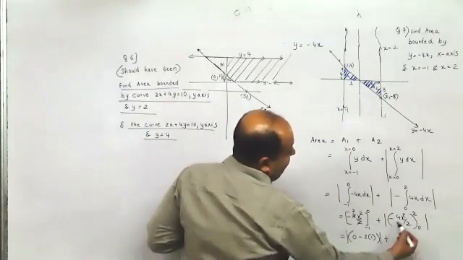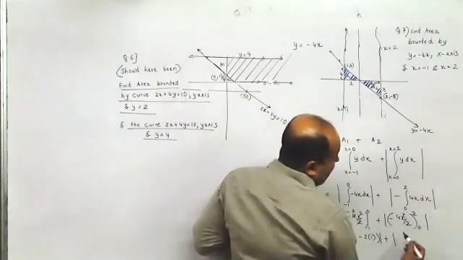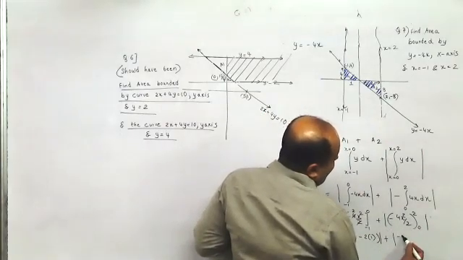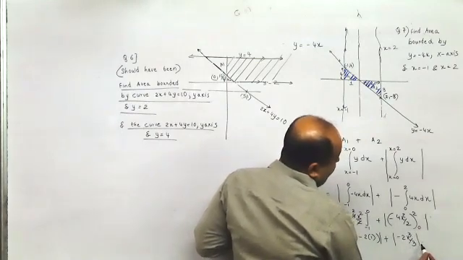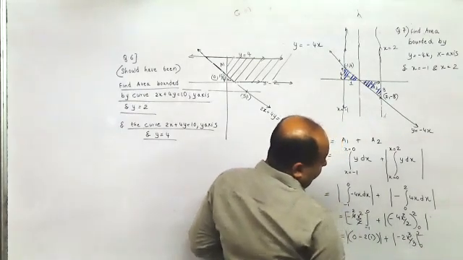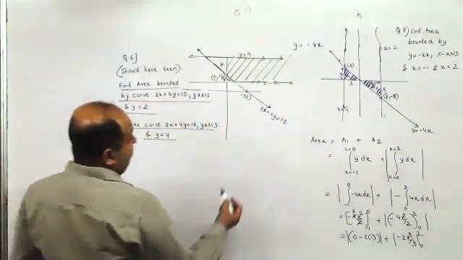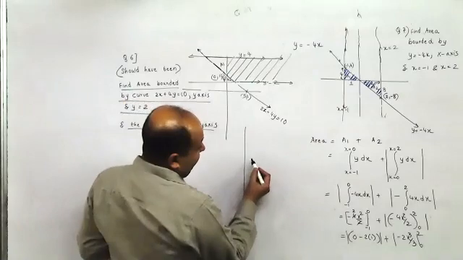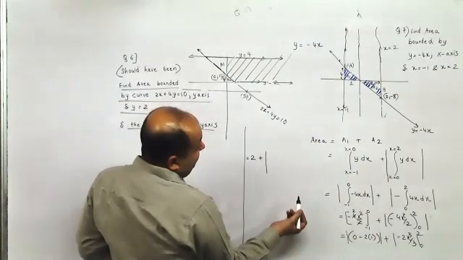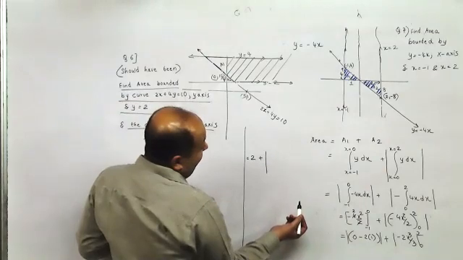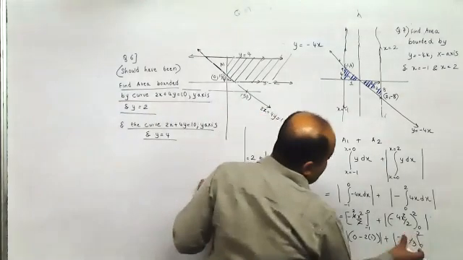So plus this would be minus 4x square by 2, that is minus 2x square. Oh, sorry, I integrated that again by mistake.